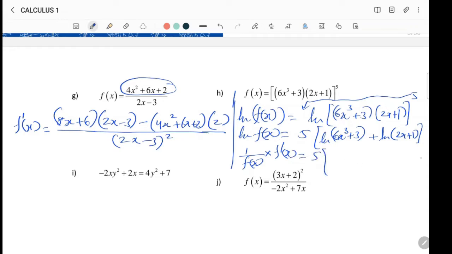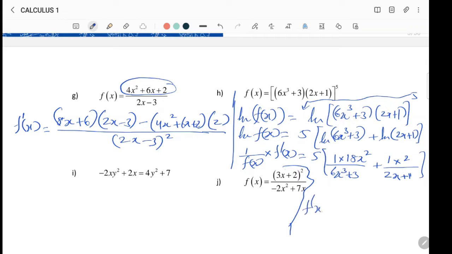Now guys, here again 5 is outside. ln differentiation is 1 over x, so ln 6x cubed plus 3 will be 1 over 6x cubed plus 3, then times, we have to differentiate 6x cubed plus 3, which is 18x square. Now plus ln differentiation, again 1 over 2x plus 1 then times 2x plus 1 differentiation is 2. Okay, so f dash x over fx I got.